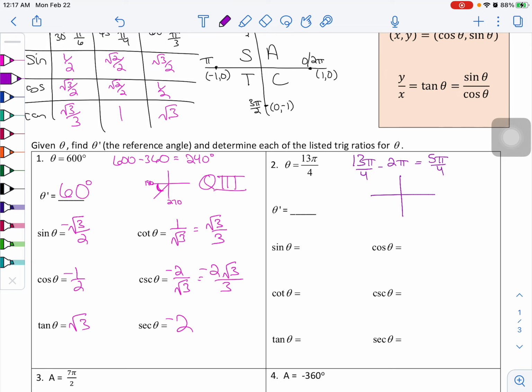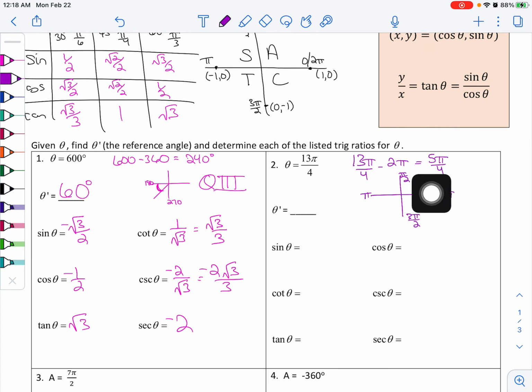Now 5 pi over 4 is not my reference angle. So what's going to happen here is I want to graph this to see where it is. So in terms of radians, this is pi. This is 3 pi over 2. This is 0 or 2 pi, and this is pi over 2.